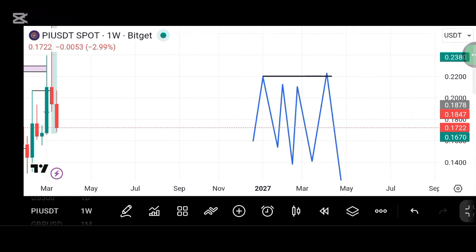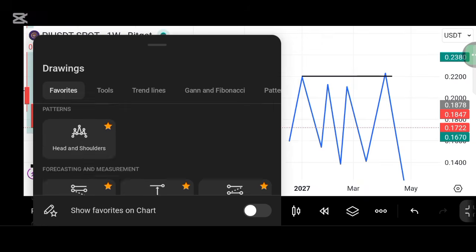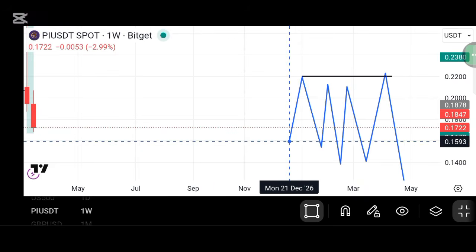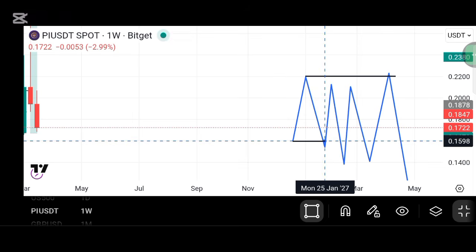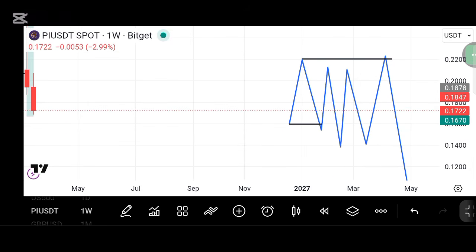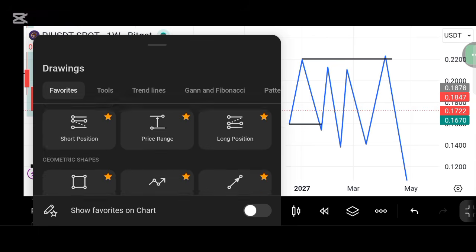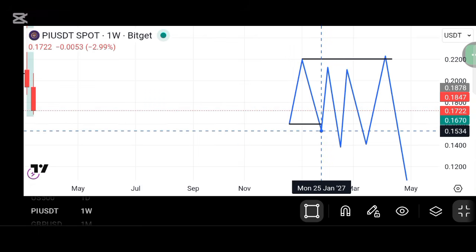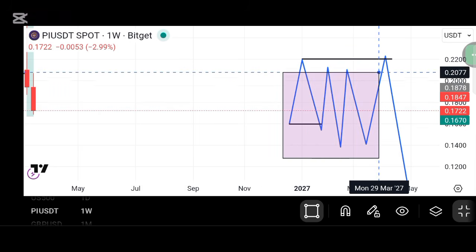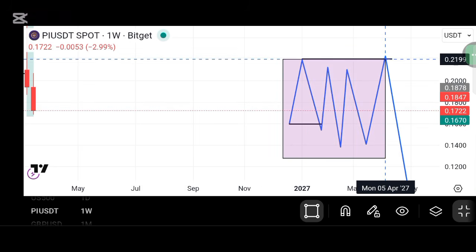Number one, you want to see a break of structure in line with that direction. This is a bearish break of structure. We have a series of breaks of structure, and this is an old liquidity that price has not taken out in a very long time. When you see price take out long-term liquidity, which is a particular range, then if price trades above this range, that is a sweep of liquidity.